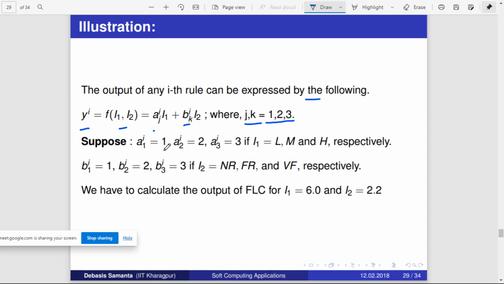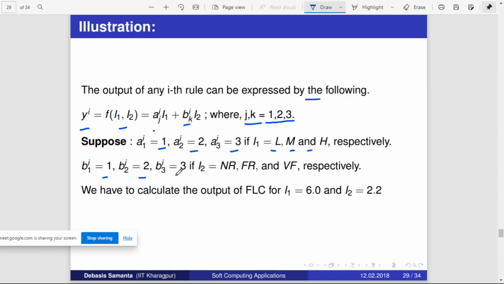Or suppose A1 equal to 1, A2 equal to 2 and A3 equal to 3, if I1 is equal to L, M and H respectively, and B1 equal to 1, B2 equal to 2 and B3 equal to 3, if I2 is equal to near, far and very far respectively.